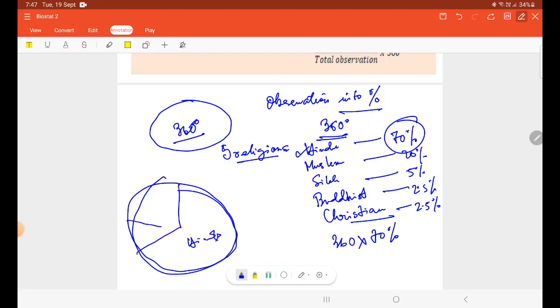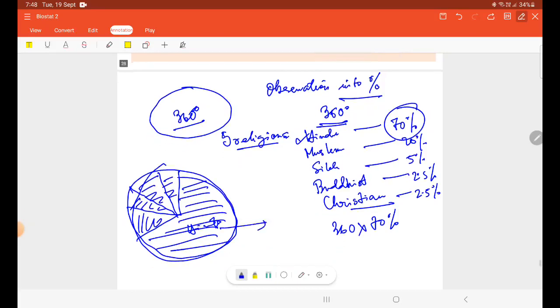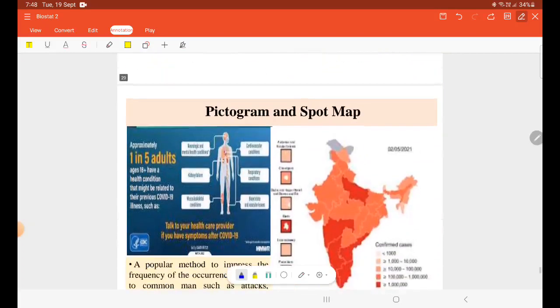Muslim 20% of it, Sikh 5% of it, Buddhist 2.5%, and Christian 2.5%. That is how it is plotted in a pie chart. So you can show it in different colors so that we can differentiate and label it. That is how a pie chart is drawn. So in your exam you will be asked to draw a pie chart.